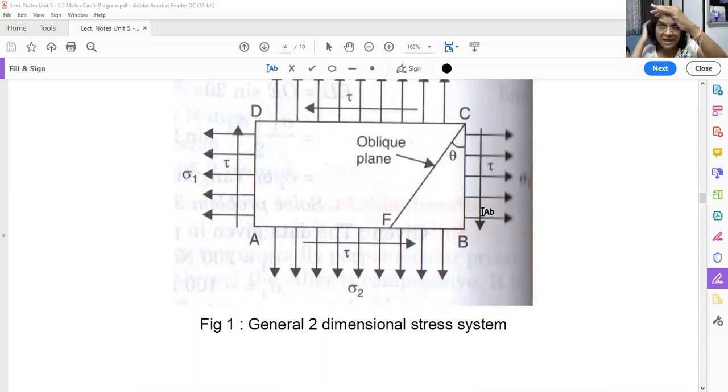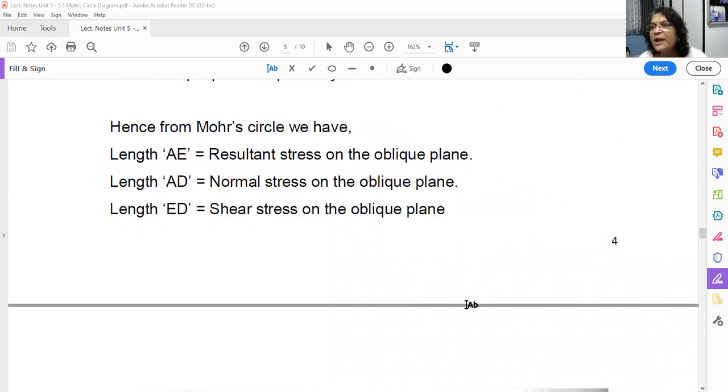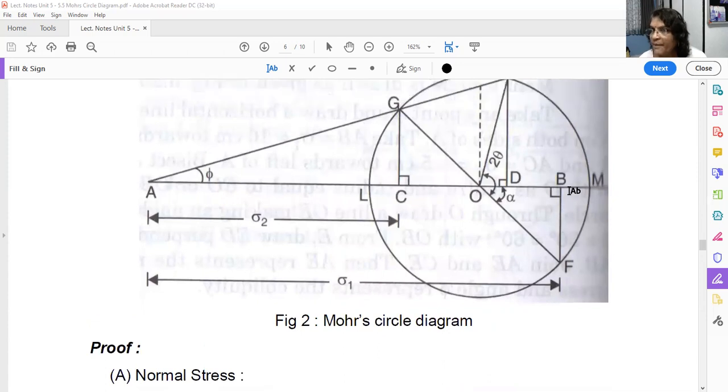So what is the assumption for us? Clockwise movement is considered as negative. That's why we have drawn this point below the x-axis, along the negative y-axis. From B, draw a perpendicular up to F. What is the BF distance? Tau. We know tau, the shear stress magnitude. So draw BF.